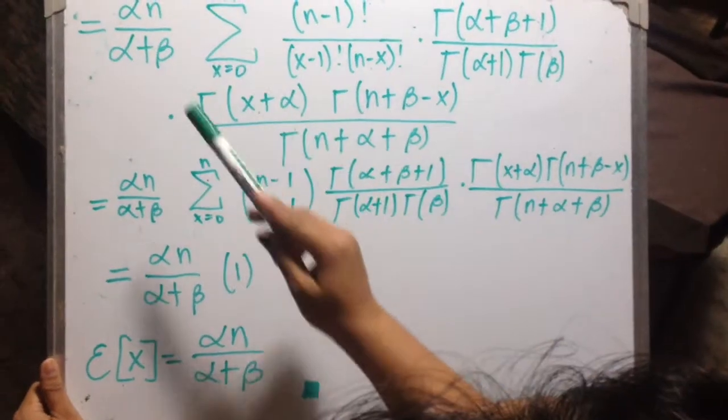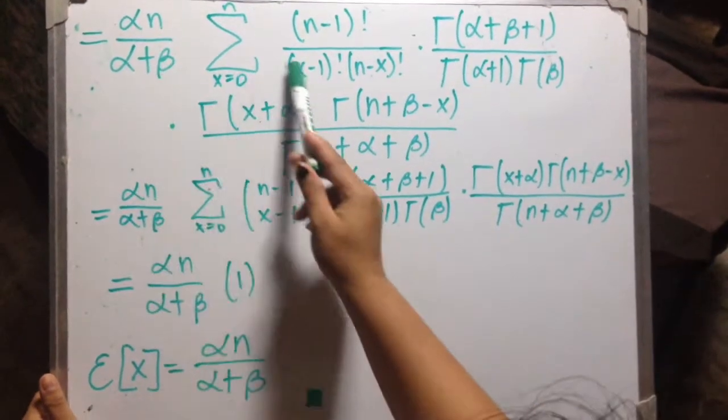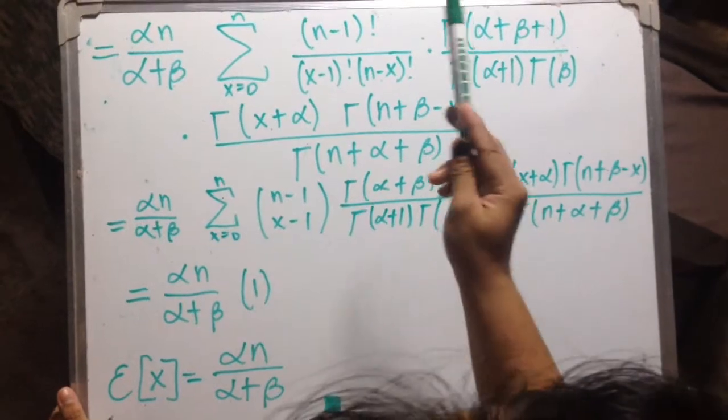So we're now going to pull the constant out of the summation.